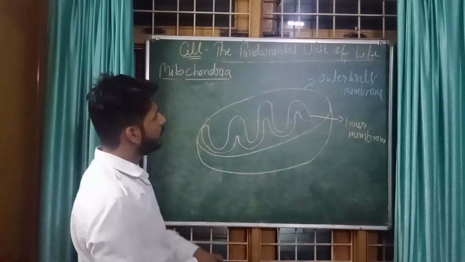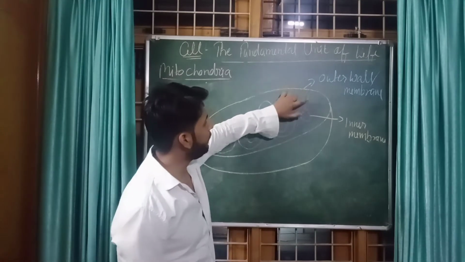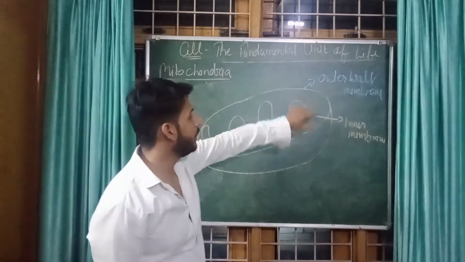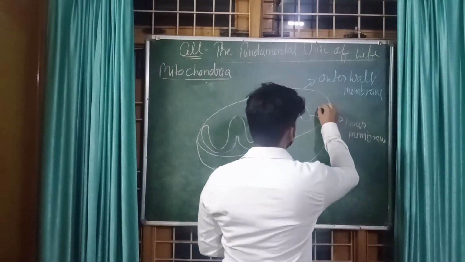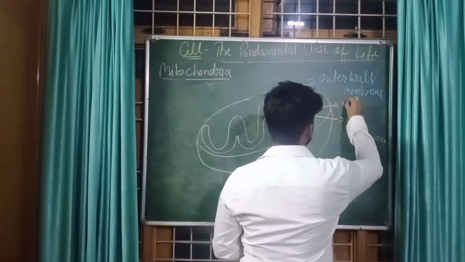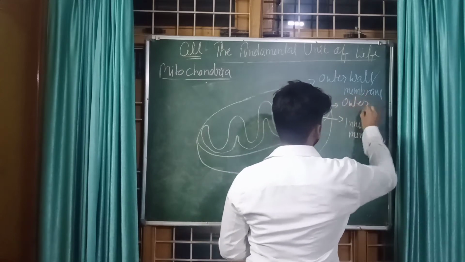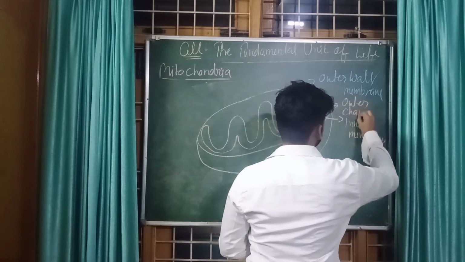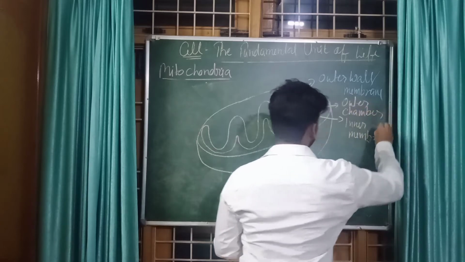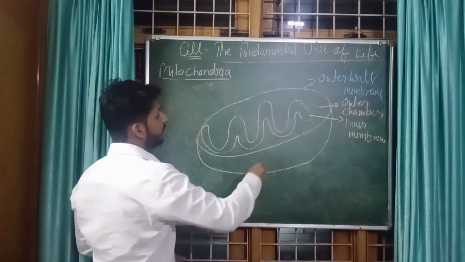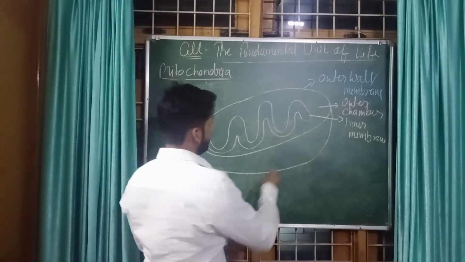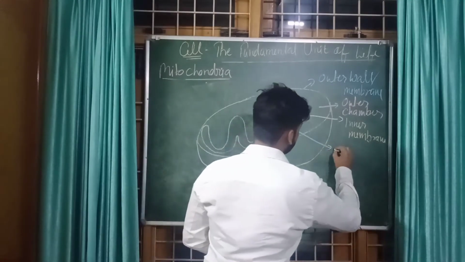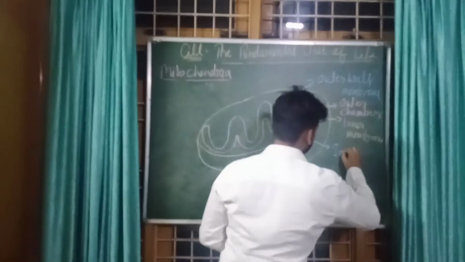Next, the space between the outer membrane and the inner membrane is known as the outer chamber. And the space inside the inner membrane is known as the inner chamber.